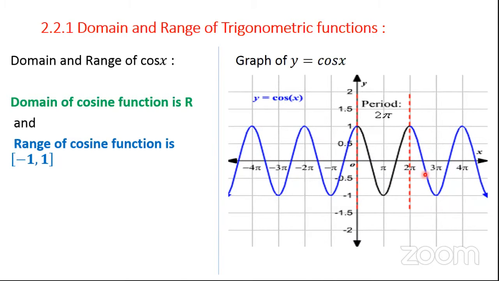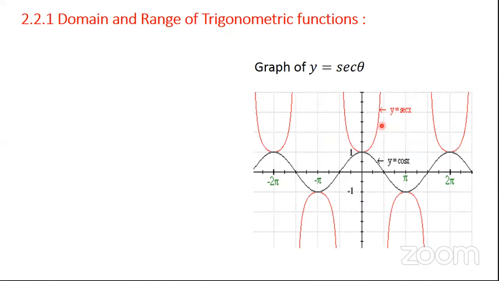If we go on the negative side of the x-axis, the same pattern appears from 0 to -2 pi, or -2 pi to -4 pi. That means after a certain period, the same graph appears again and again. So the smallest value for which this graph repeats is 2 pi, which is the period of cos x.